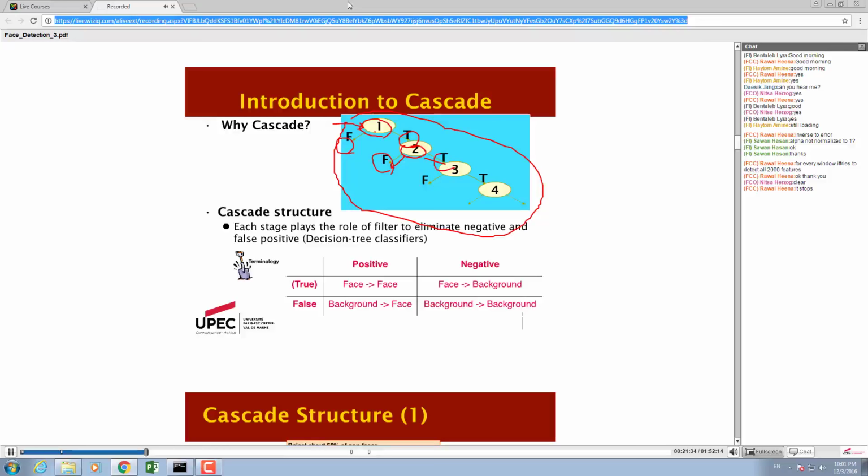But if stage 2 still says, oh, it is true, it looks like a face, then it goes to stage 3. Stage 3 does the same thing, and stage 4 the same thing, and finally the last stage. In this way, just the true, yes answer can be processed to the next stage.